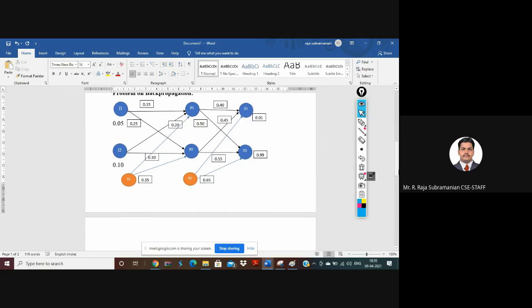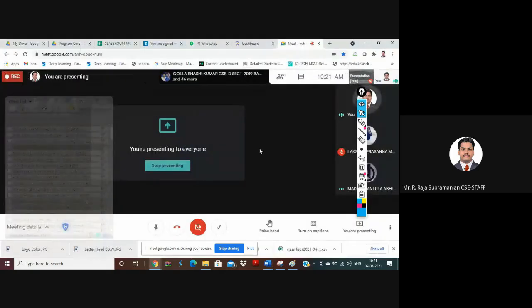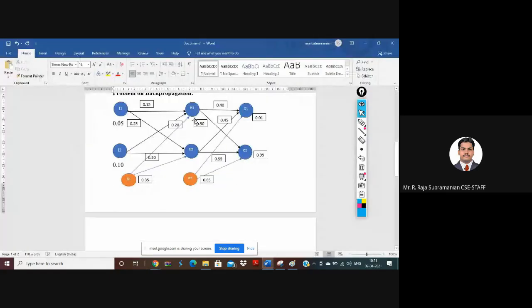Now how can H1 be calculated? Can anyone say how H1 can be calculated? H1 is I1 into W1 plus I2 into W2. Am I right or wrong? Can you understand how H1 can be calculated?